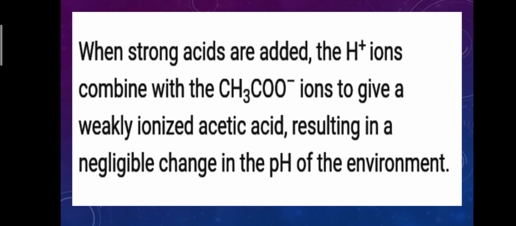When strong acids are added, the H positive ions combine with the acetate ions to give weakly ionized acetic acid, resulting in a negligible change in the pH of the environment.